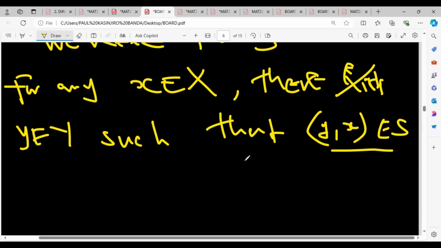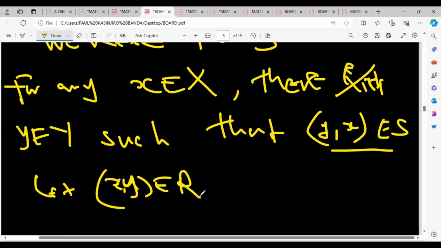And then we can also let what we know now. We can also say let (x, y) be a member of R, what we know already.